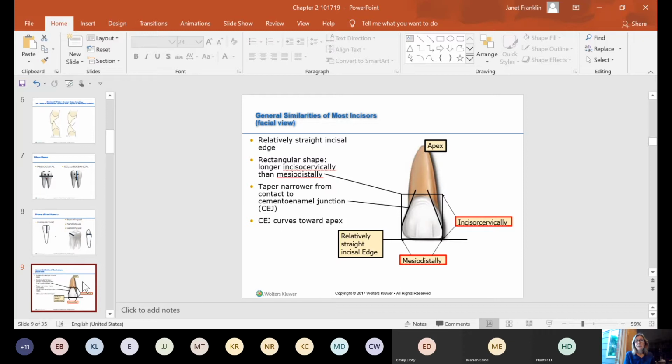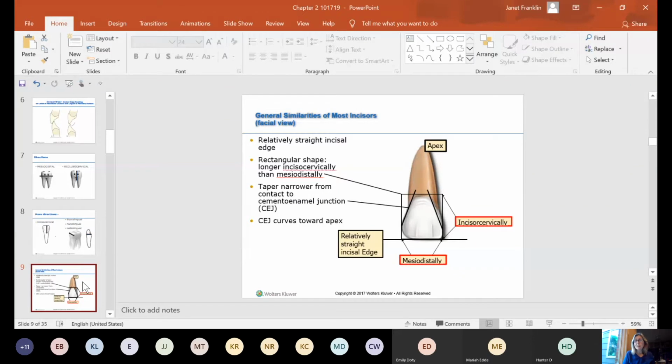And they taper narrower from the contact to the CEJ. On the crown, I drew some diagonal black lines that show you the crown is tapering narrower from the contact point to the root of the tooth, or the CEJ. And then the CEJ curves toward the apex.